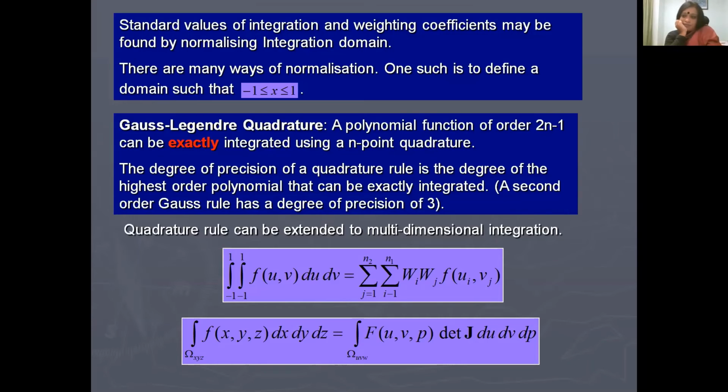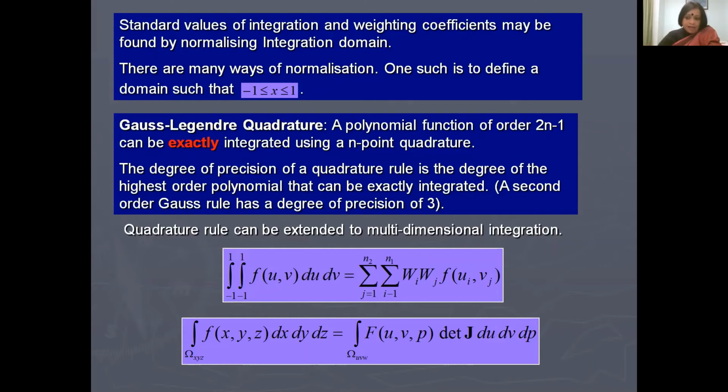Nishant? 1-point quadrature. Why is that? The polynomial which you mentioned is a first order polynomial. First order polynomial, yes. So 2n minus 1 is equal to 1. So n is equal to 1.